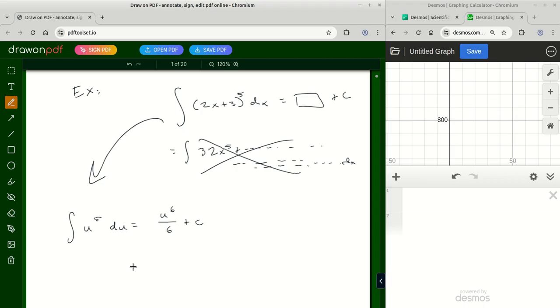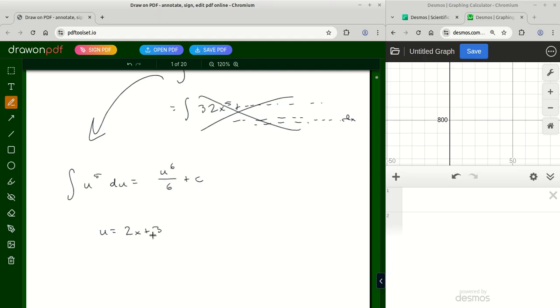In order to do this, though, we need to have said that u was equal to 2x plus 3. We need to make a substitution here. But in order to do anything with this, we have to find a du as well.